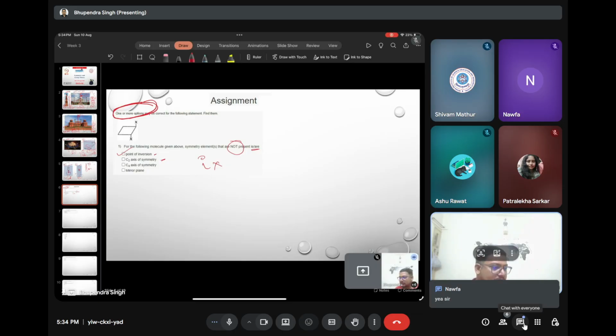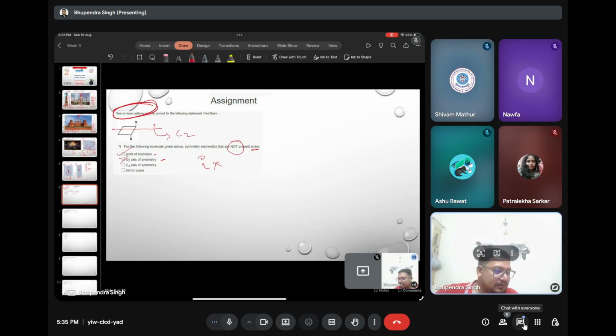Okay. So you are saying the C2 axis is present. Yes, the C2 axis is present, going from here. This is your molecule, X is here, X is here. This is your C2, just like you are flipping the molecule. So this is not your answer. They have asked what is not present.